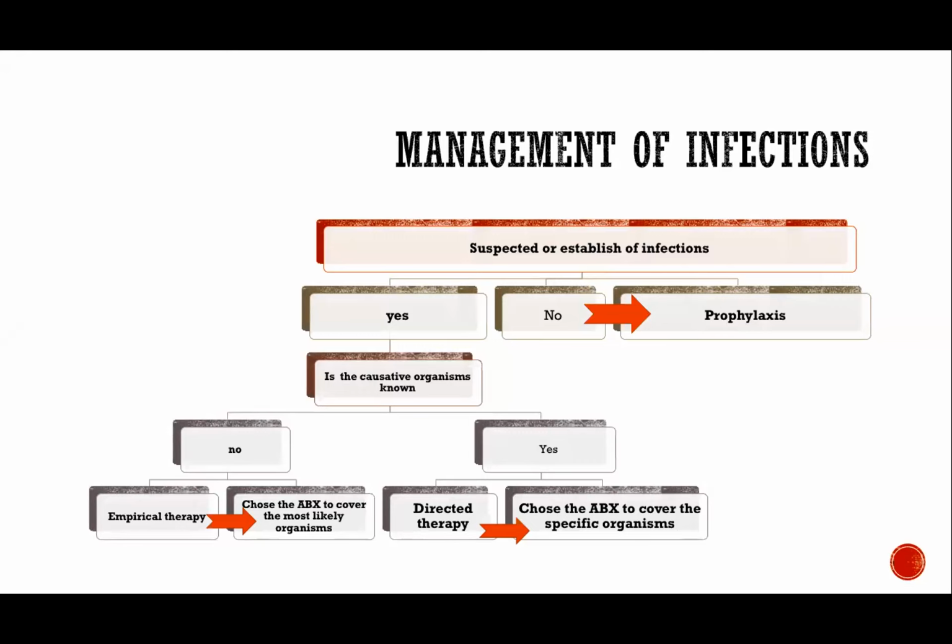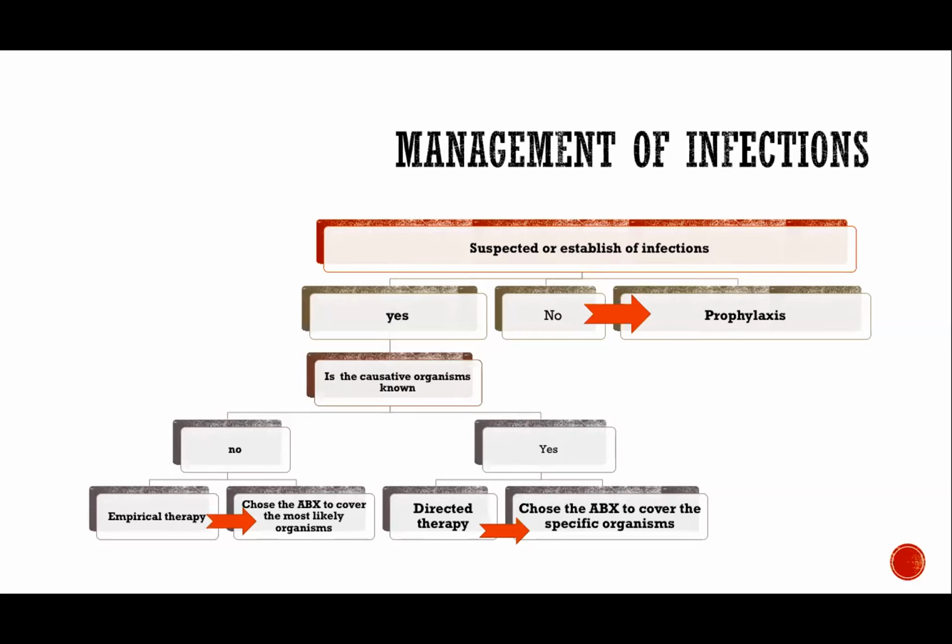The limitation to be aware of is that in empirical therapy, we try to use as broad a spectrum of antibiotics as we can because we don't know the organism. So let's cover everything. The problem is running the risk of building antibiotic resistance and getting side effects. But in reality, most people have infections caused by the most likely organisms.